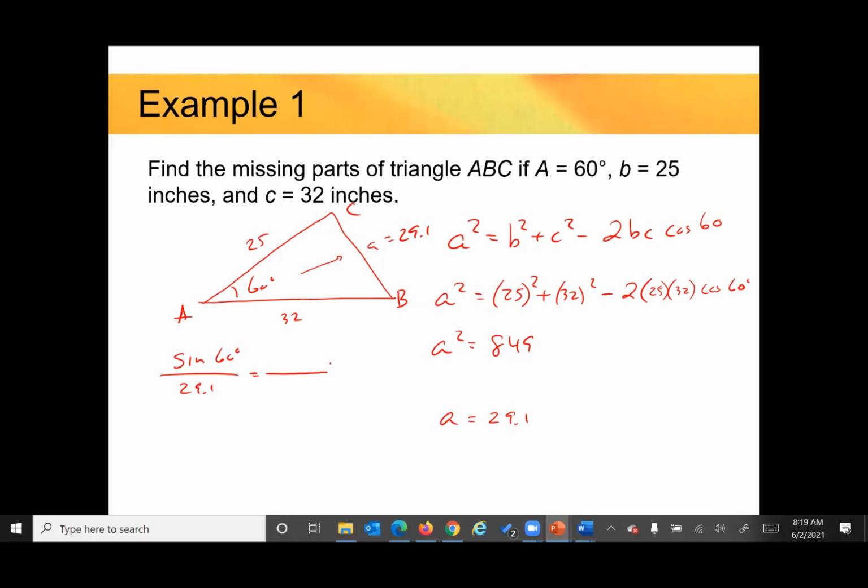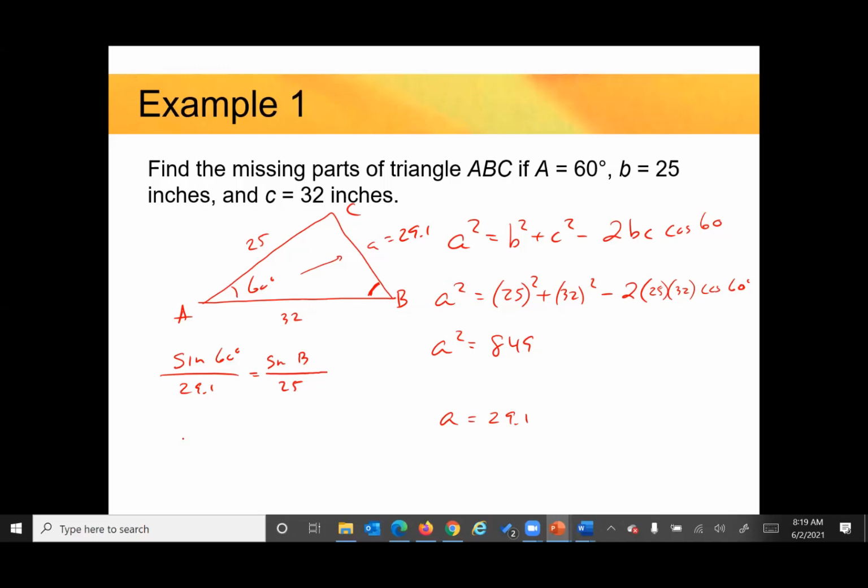So in this case, if I was going to choose a side just in case, I would start using side B. Sine of B over 25. And give me that one, because we should know how to do that one by now.